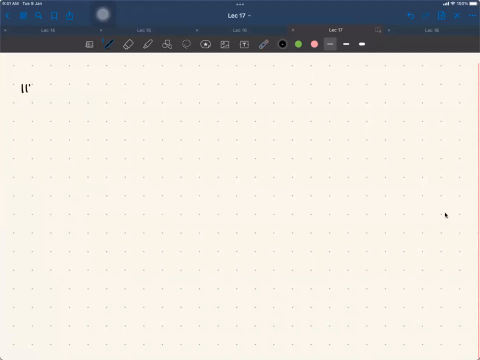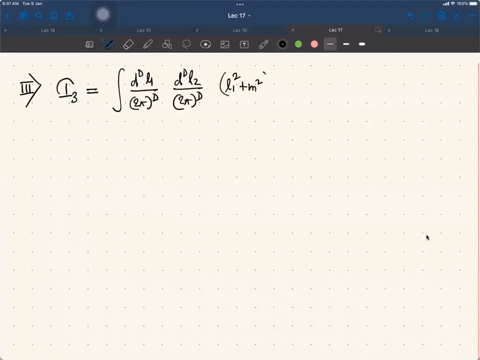The third result, I3, is given by the integral d^d L1 over 2 pi to the d, d^d L2 over 2 pi to the d, times L1 square plus m square inverse, L2 square plus m square inverse, L1 plus L2 whole square inverse.